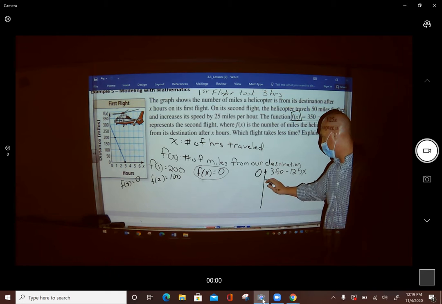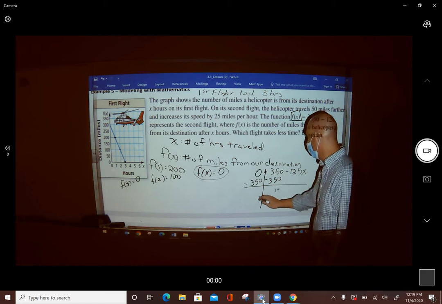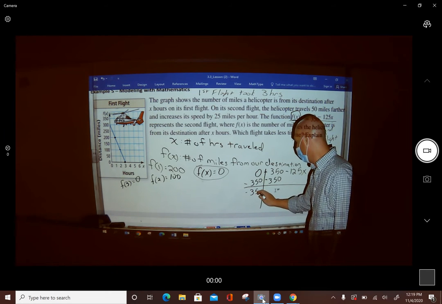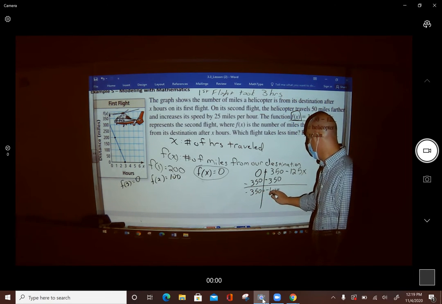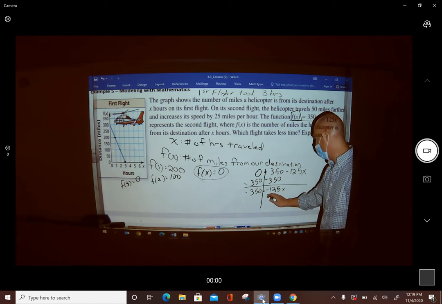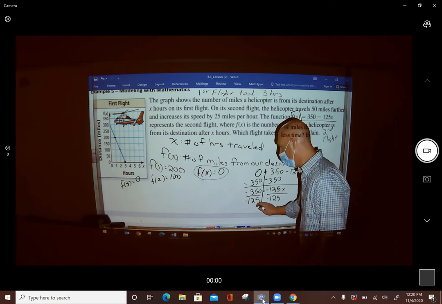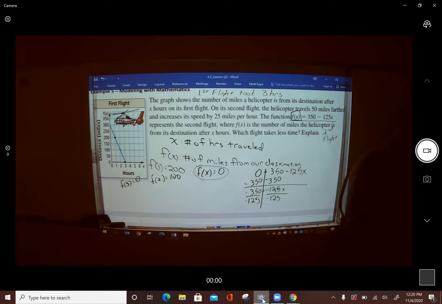So subtract 350 from each side. Negative 350 equals negative 125x. Divide each side by negative 125. I'm actually going to need a calculator for that because it doesn't go in perfectly.